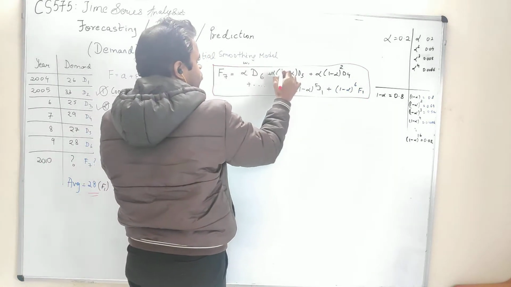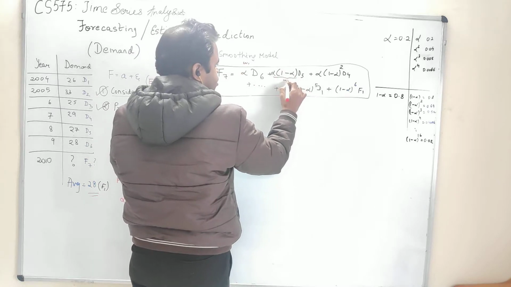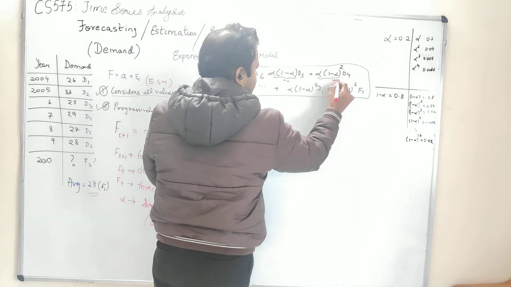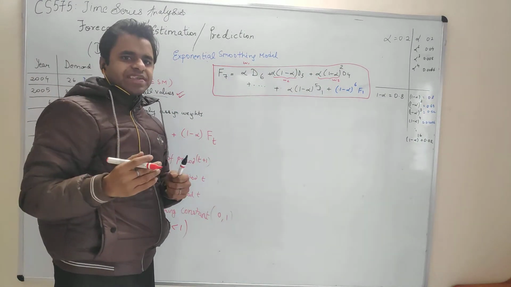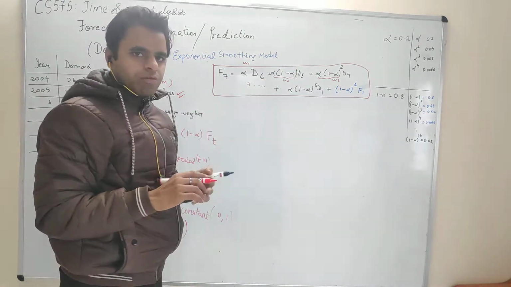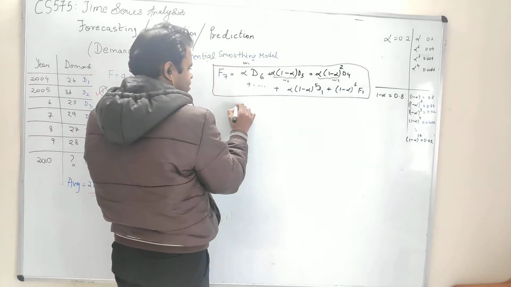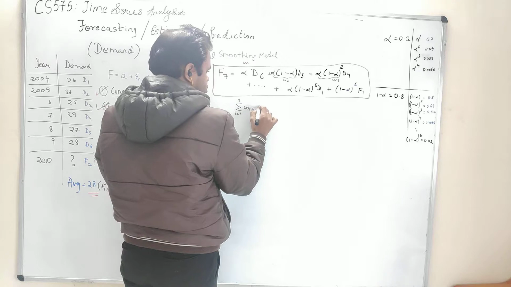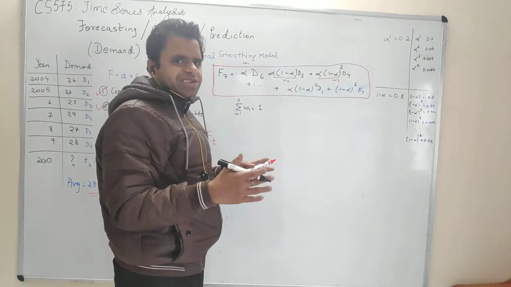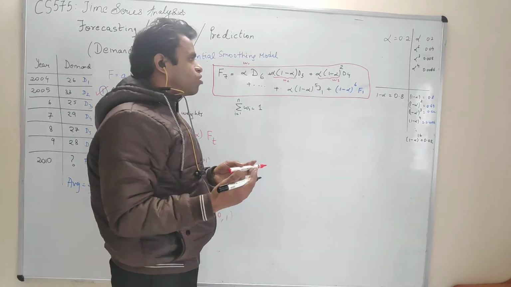Something like this is W1, this is W2, this is W3 and so on. Ideally, because this does not have a denominator, the sum of weights should be equal to 1 in the ideal scenario, though it is not a specific rule.